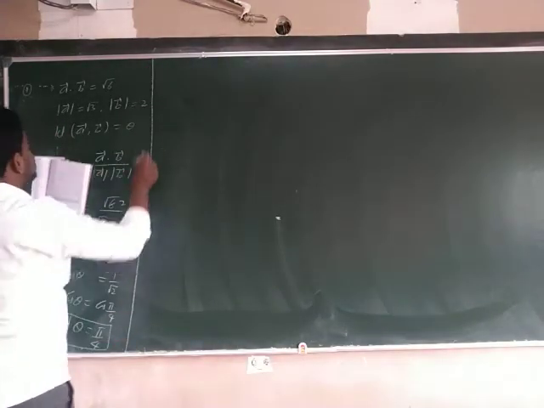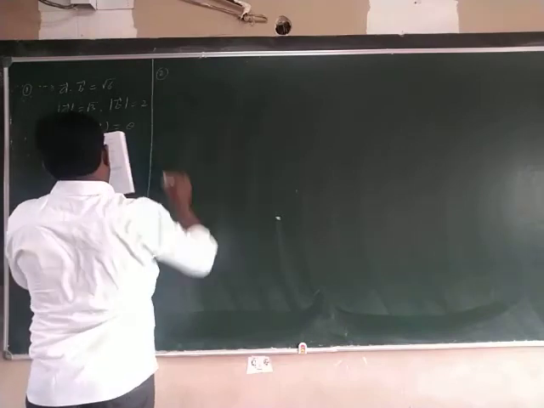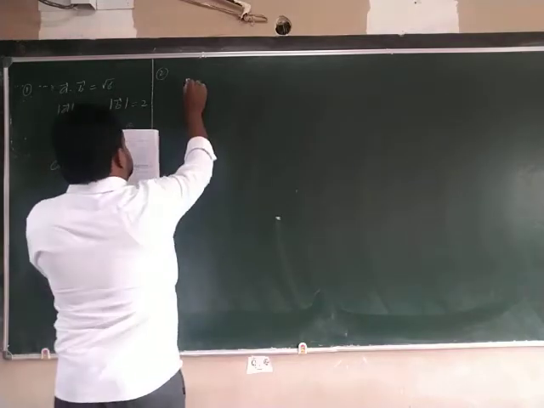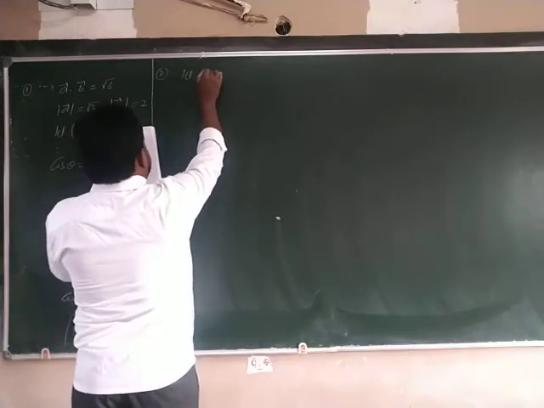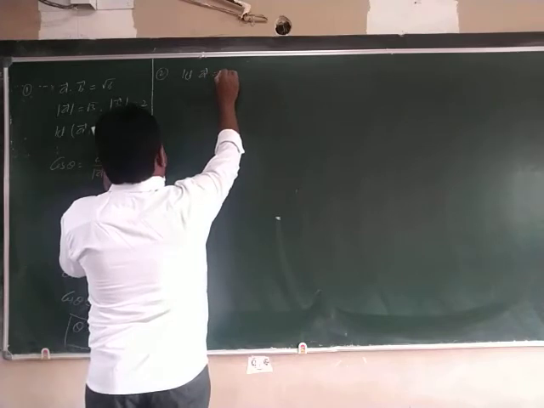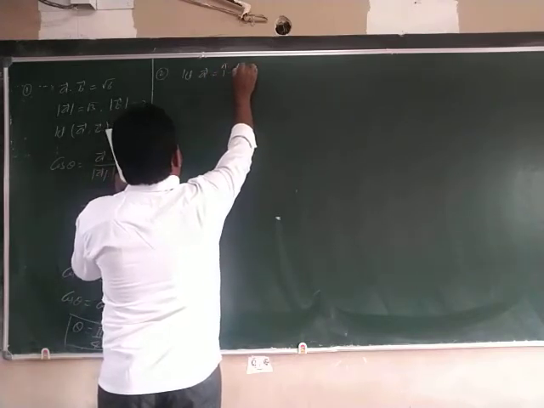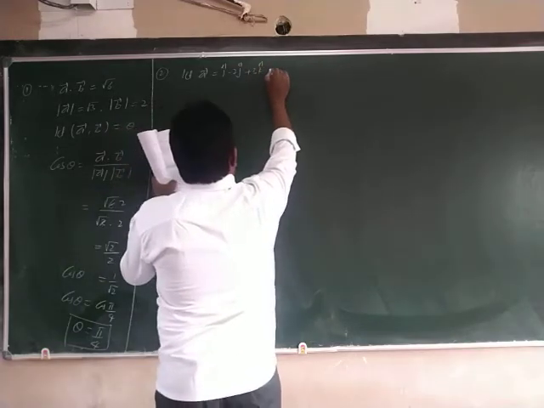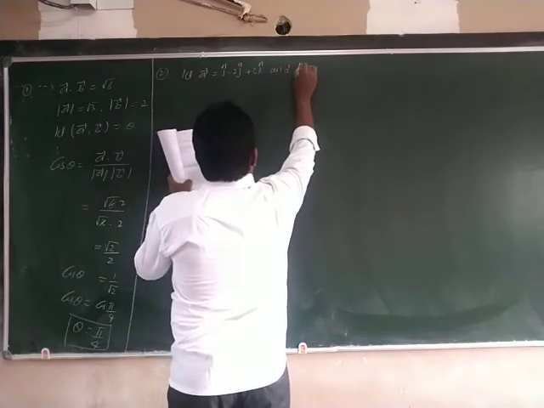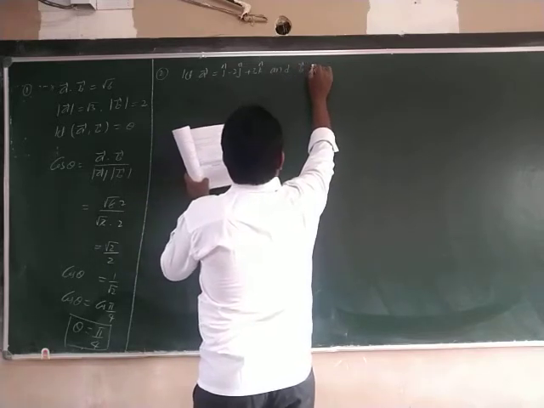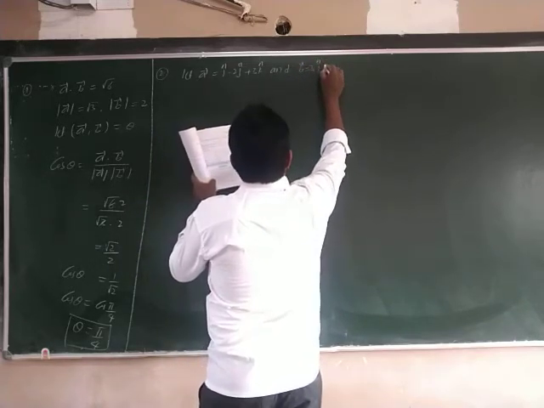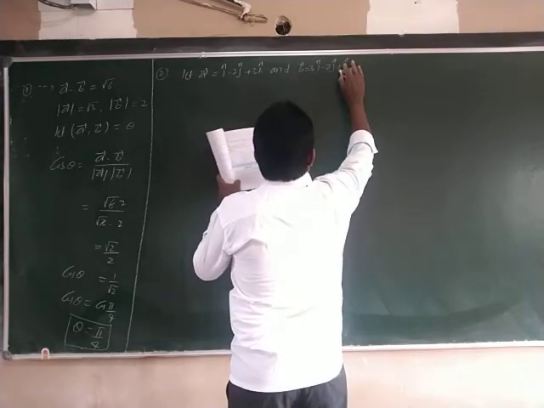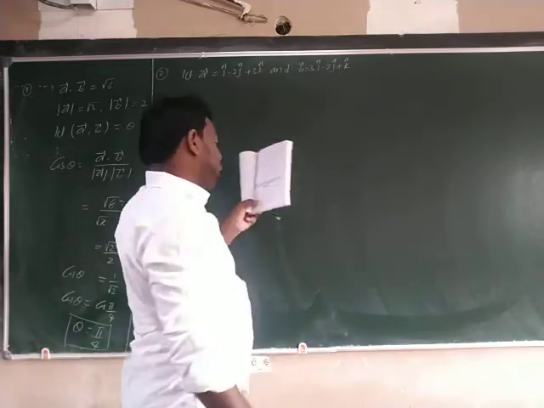Next, second one: find the angle between the vectors. So they have given two vectors, I am taking A and B. Let A be equal to i cap minus 2 j cap plus 3 k cap, and vector B be equal to 3 i cap minus 2 j cap plus k cap.